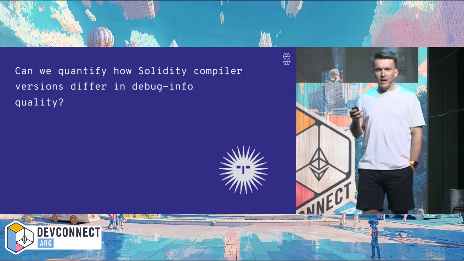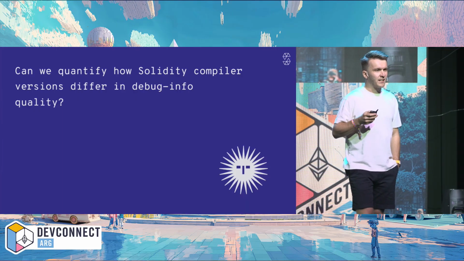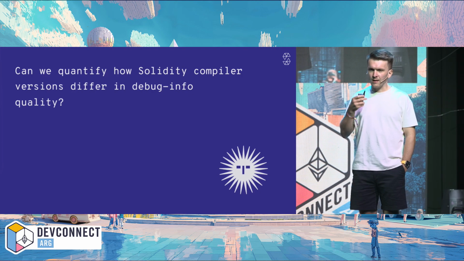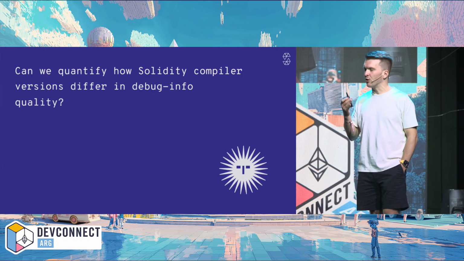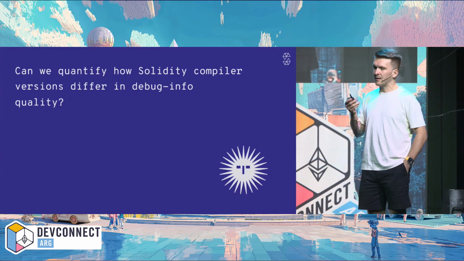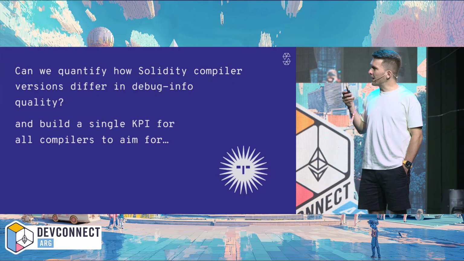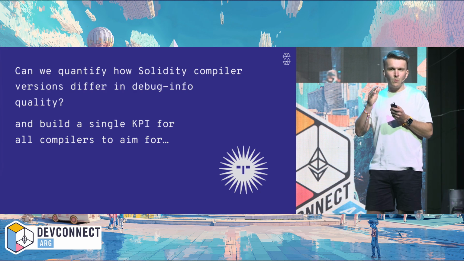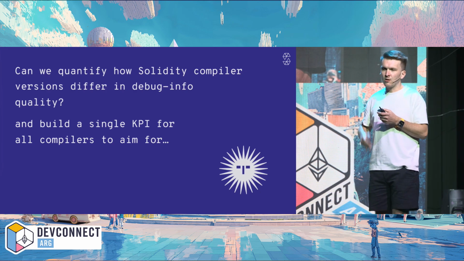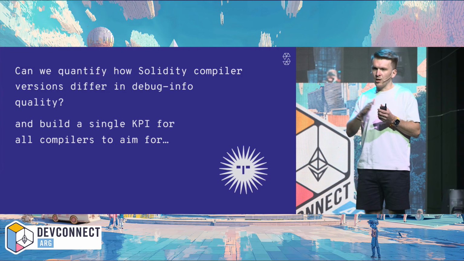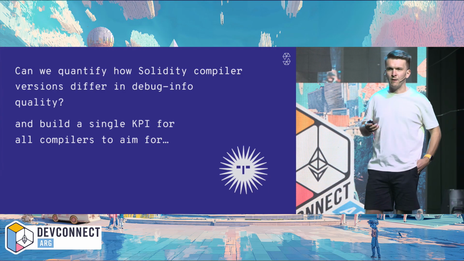Now, I told you that the ETHDebug generated by solc today is not very good. So the question is, how not very good? Can we quantify it? Can we give it a number? Can we build one single KPI and run it through and generate something like: this compiler version generated ETHDebug at level 5 or something like that?